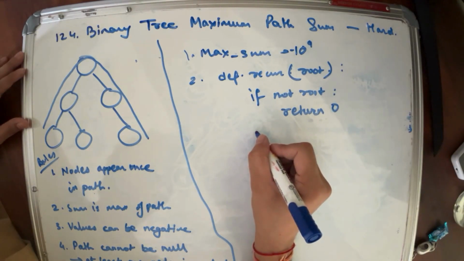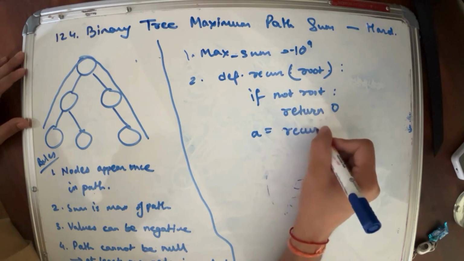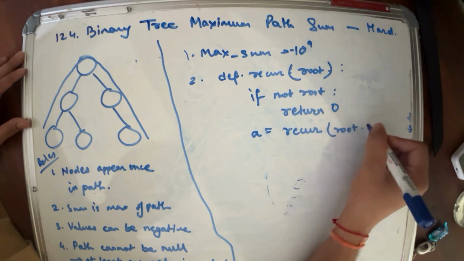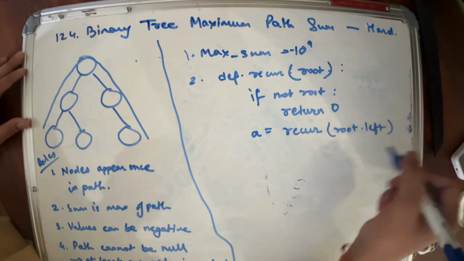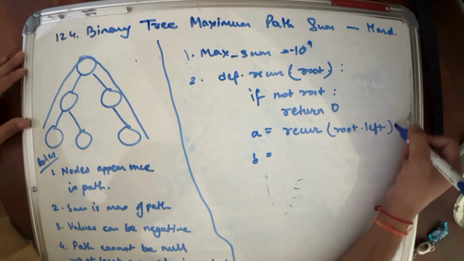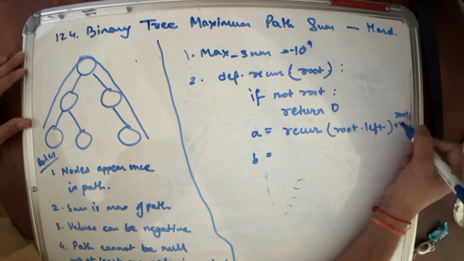Then we take the sum of left child. So we say recur root dot left. We say, and this plus root dot value.